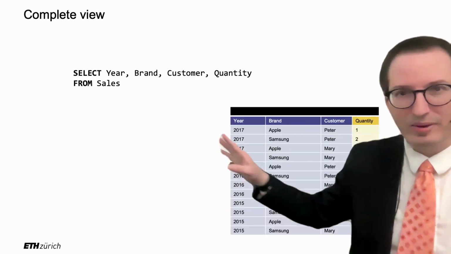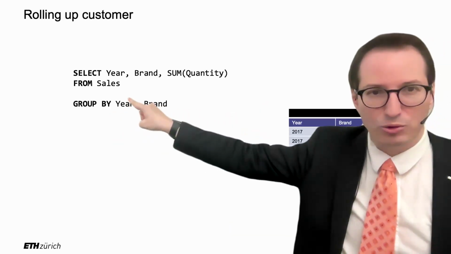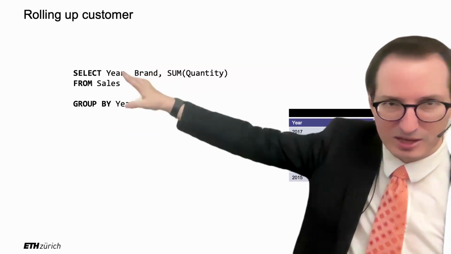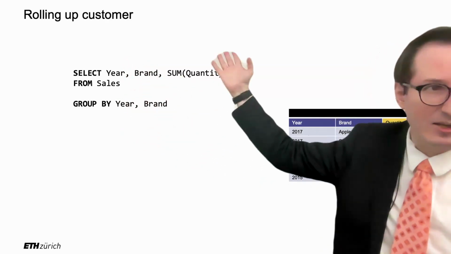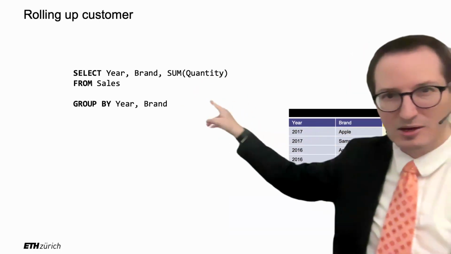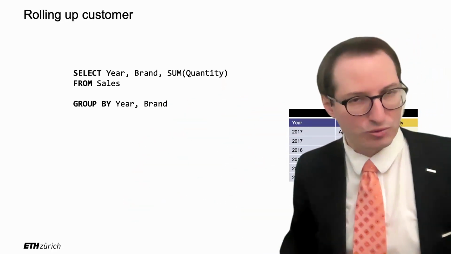So you say group by year and brand, and as I told you, in a group by you always need to also put the same keys in the select clause, so year and brand also go here, and then anything else has to be aggregated. So the anything else here is the quantity, so we are summing over the quantity. Customer, we just drop, right?